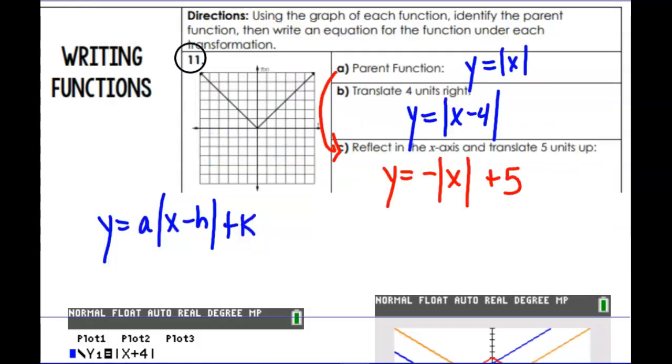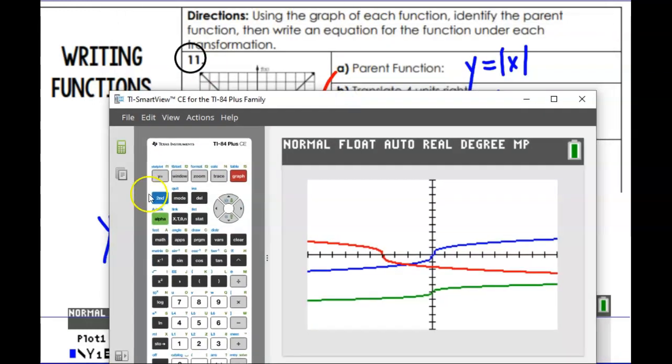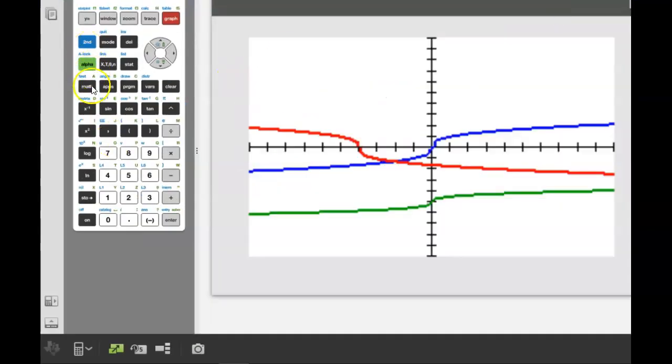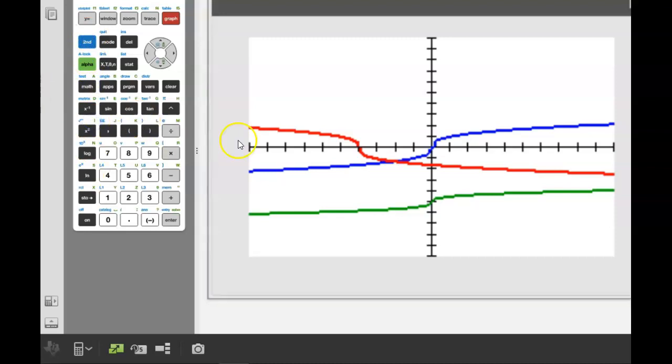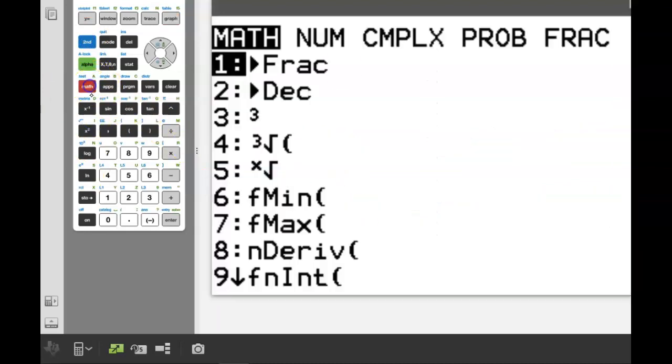Do I not have my pointer? No, I don't. Okay. Math. Really? What is going on? Math. Second, anything. I tried this. Math. Okay, that worked.